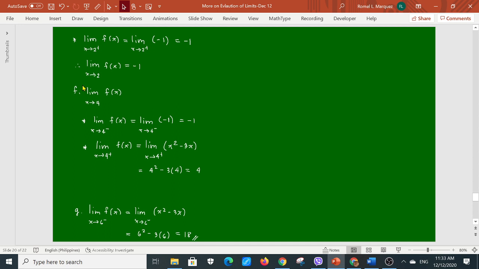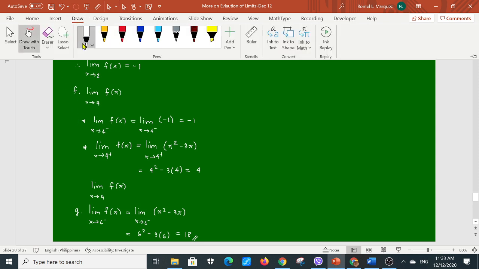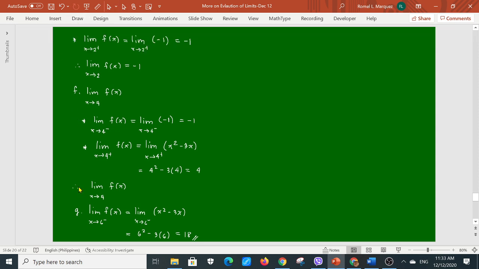So therefore, this limit does not exist. Or no limit. Some books use the word no limit. It means does not exist. But the modern term is does not exist, or non-existent.